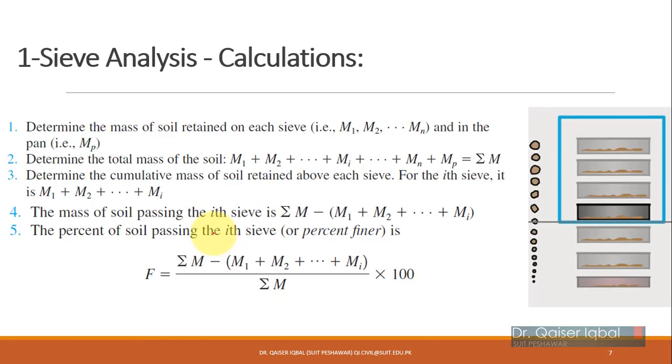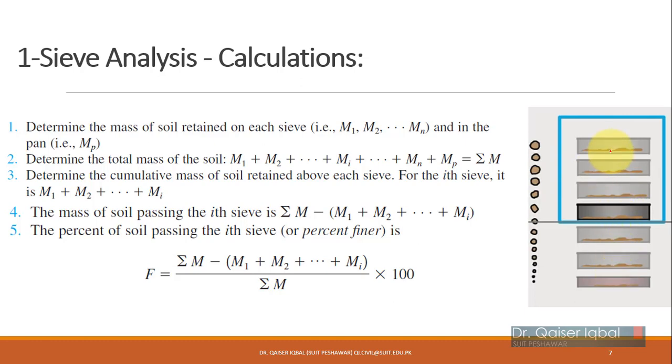So moving on to the calculations. What type of calculation will you be doing? Once you have placed the soil in this set of sieves, we place them on a sieve shaker and shake them for 10 minutes. After 10 minutes, we take out all the sieves, and you will see there is a mass of soil retained on each sieve.